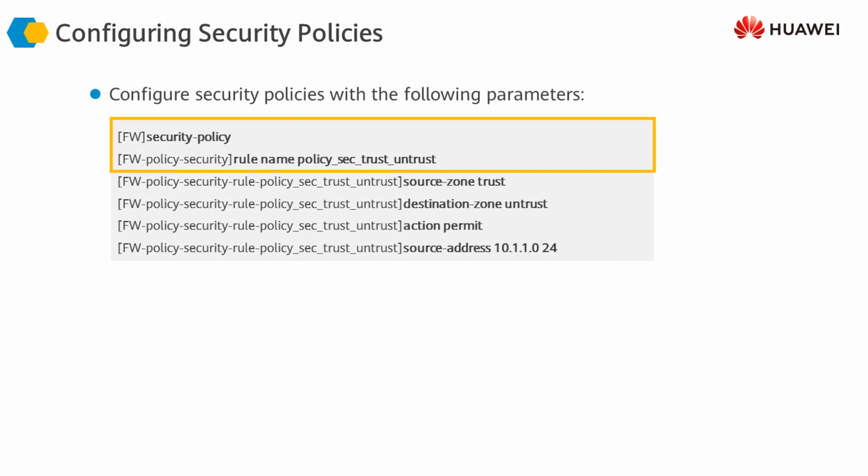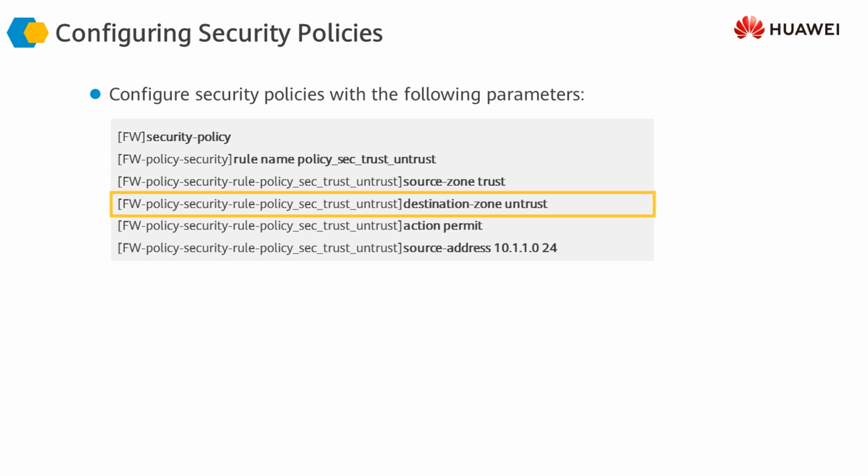After that, we configure the security policy. We name the security policy policy sec trust untrust. We include the source zone trust and the destination zone untrust. This is for traffic moving from the trust zone to the untrust zone, and the action is permit.